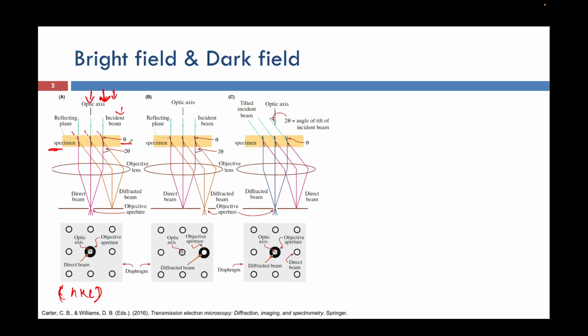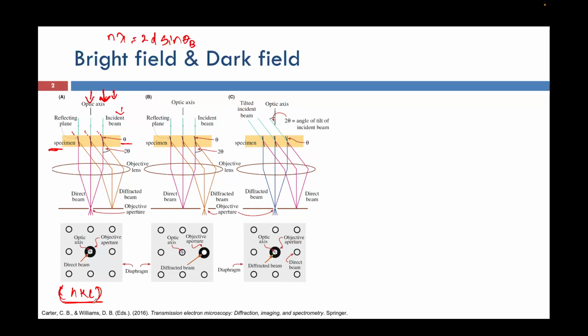Now let's say Bragg's condition is satisfied, that means the diffraction condition is satisfied, which is n lambda equals 2d sin theta b, where theta b is nothing but the Bragg angle. These incident beams are coming and getting diffracted from these Bragg planes, HKL, and then they give different types of beams.